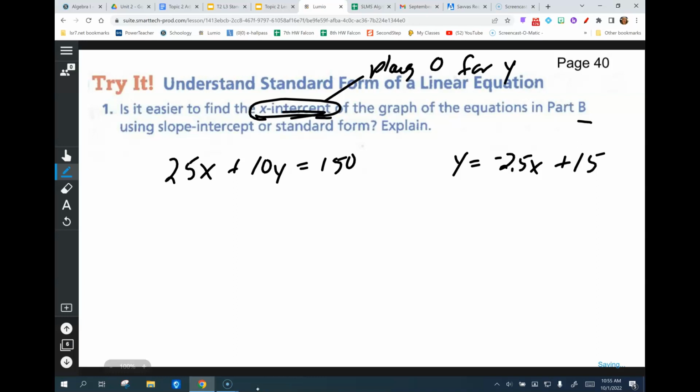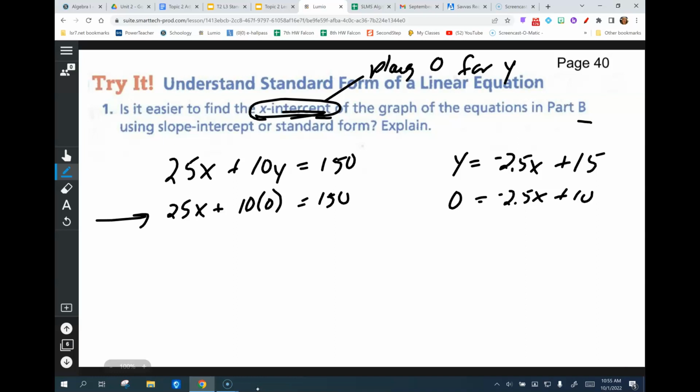So here I would plug in 0 and solve, and here I'm going to plug it in for y and solve. What they're trying to indicate is that one would be a little easier to find your x-intercept because you're going to quickly get 25x is equal to 150 and solve for x, whereas here you have to move the 10 over and then divide. Neither one of them is too complicated, but they're saying this is probably going to be easier.